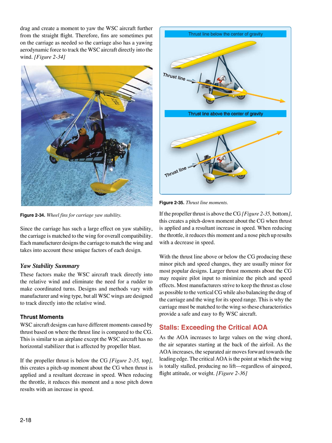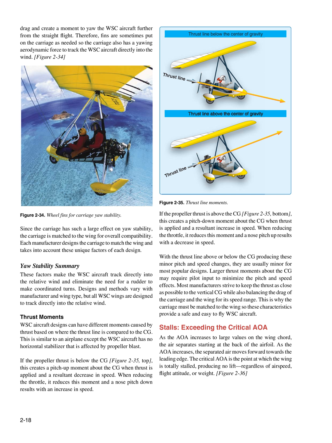When reducing the throttle, it reduces this moment, and a nose pitch down results with an increase in speed. If the propeller thrust is above the CG, figure 235, bottom, this creates a pitch down moment about the CG when thrust is applied, and a resultant increase in speed. When reducing the throttle, it reduces this moment, and a nose pitch up results with a decrease in speed.